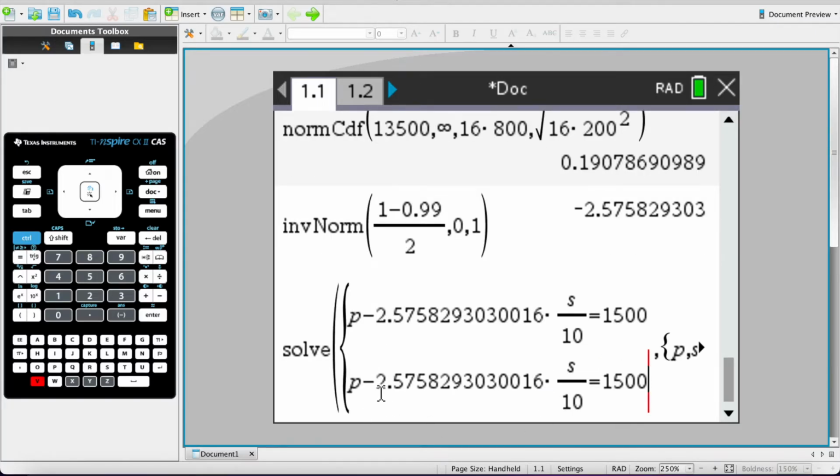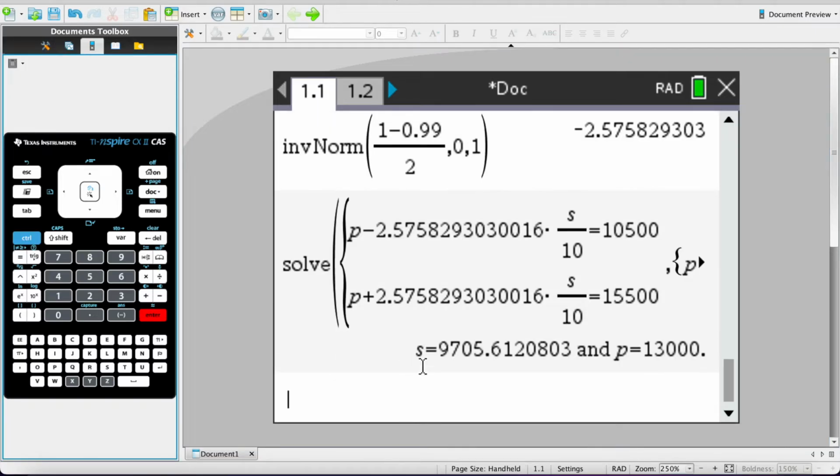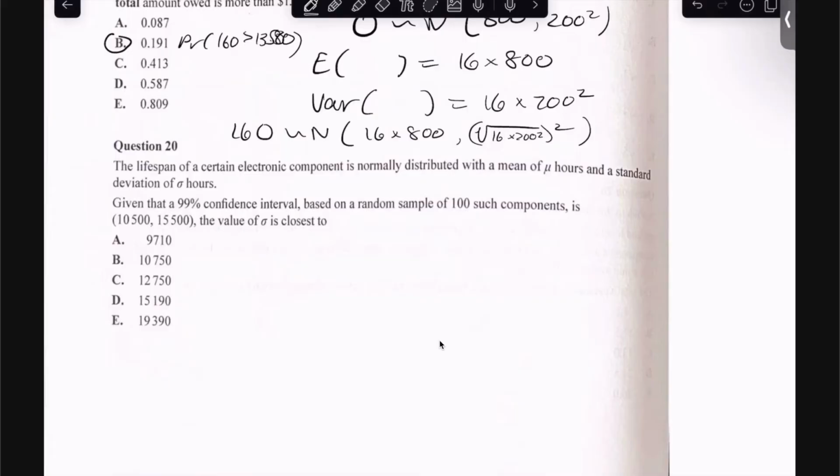I think I wrote that down wrong. So it was 10,500, not 1,500. And then x bar plus the z value term is equal to 15,500. And you can solve there, and you get your standard deviation is 9705. So closest to 9710.